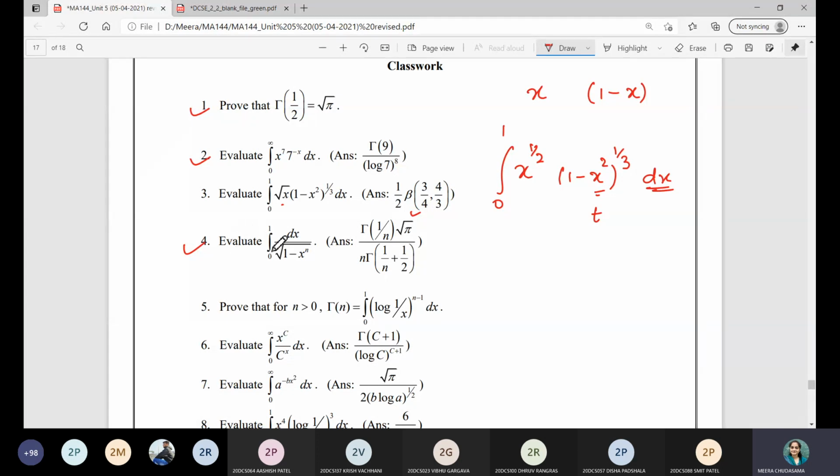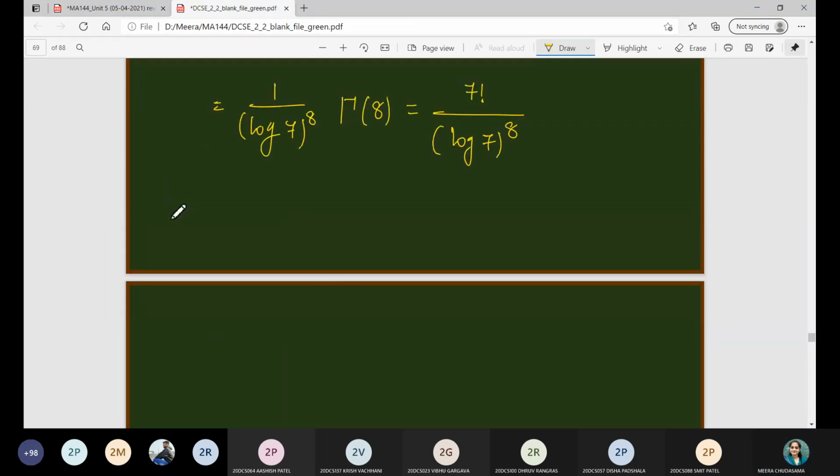Let us consider this one. Evaluate the integral from 0 to 1 of dx upon square root of 1 minus x raised to n.